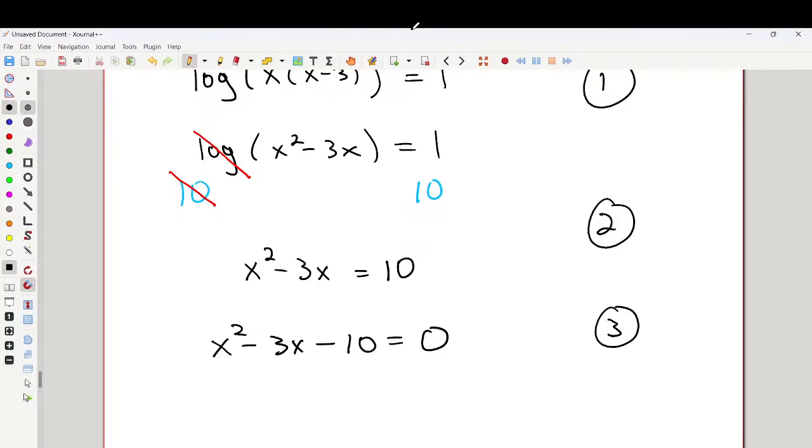So you should always have a 1 here. We're just trying to find two numbers that multiply to -10 and add to -3. I'm hearing -5 and +2. So that means x could be 5 or x could be -2.